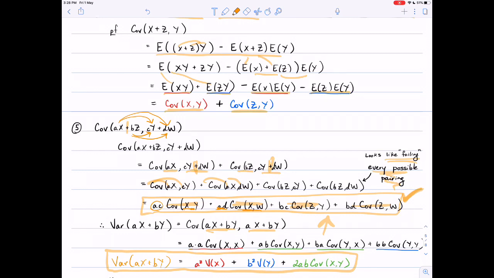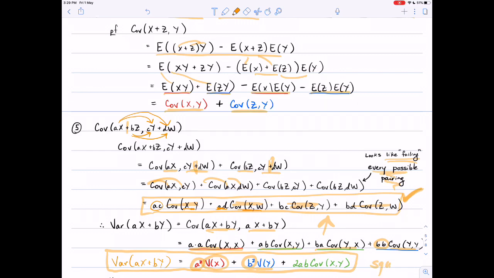And the first term, a times a gives us a squared. The covariance of xx gives us v sub x. On the other end, we have b times b and the covariance of y with itself, which gives us b squared times the variance of y. And then what we have in the middle, which is like the cross terms, this kind of looks like you're squaring.